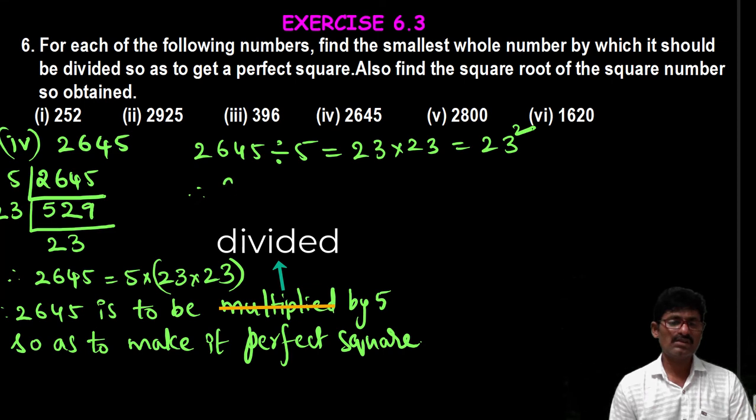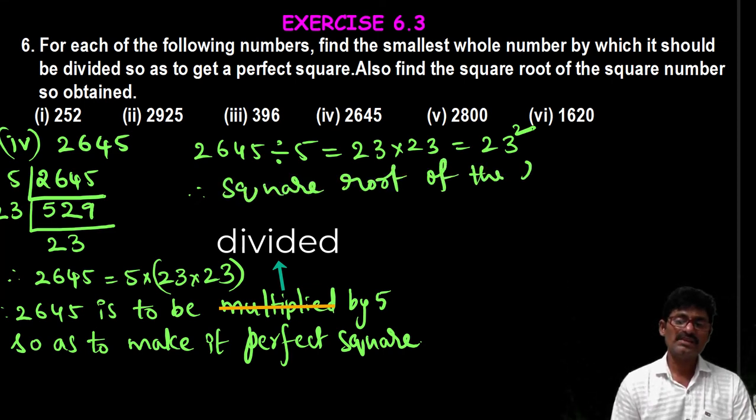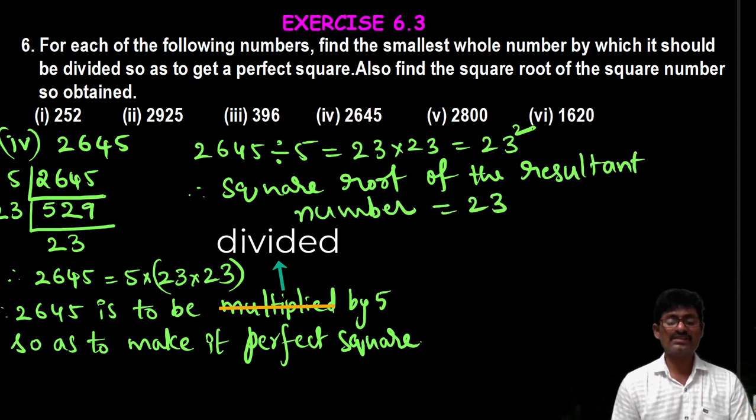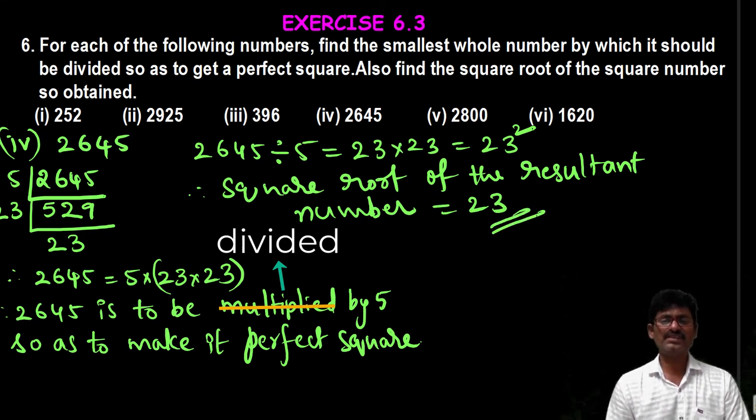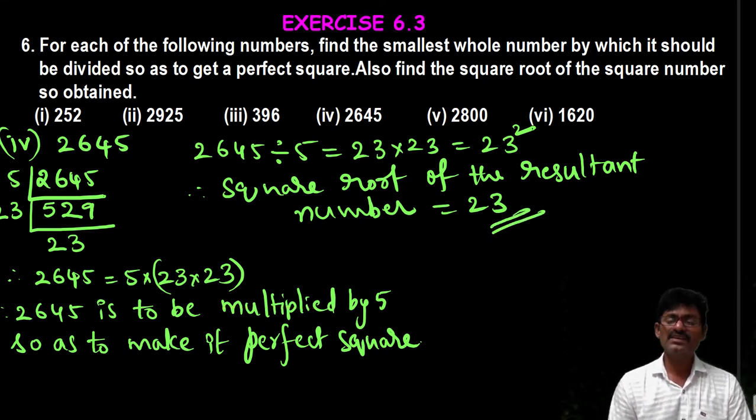So therefore square root of the resultant number equal to how much? 23. We can write square root of the resultant number or square root of the number so obtained. Both are same. Okay, so 23 is the answer in this case. Now let us move on to the fifth question.